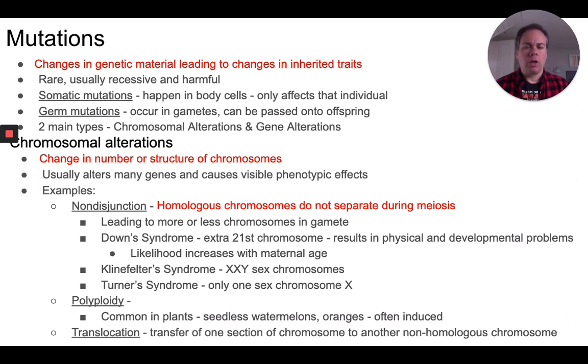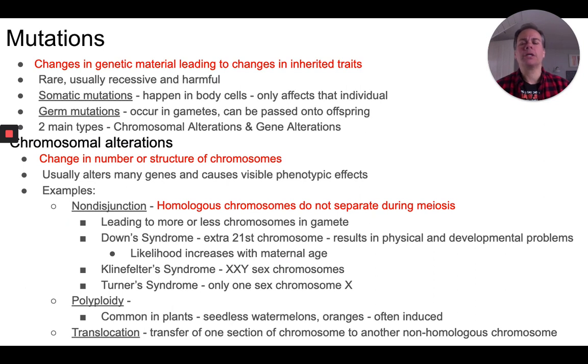And so all of those manifestations of that extra chromosome is what we call Down syndrome. It increases with maternal age. So as a woman gets older, the likelihood of having a child with Down syndrome increases.